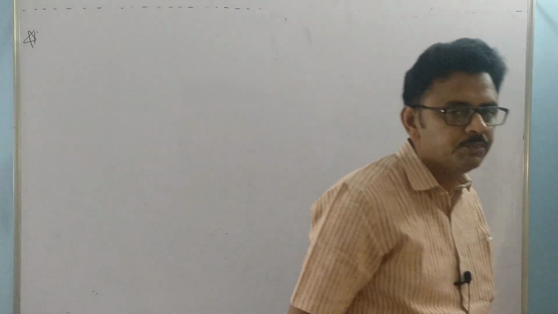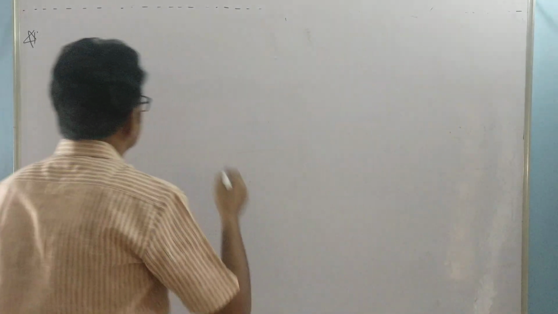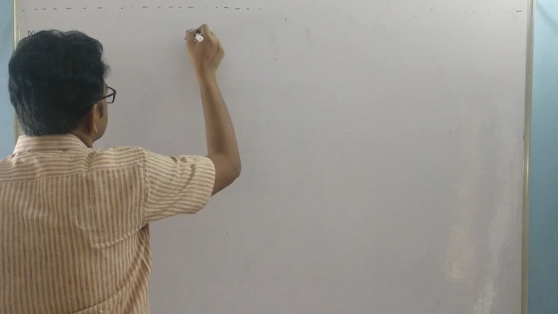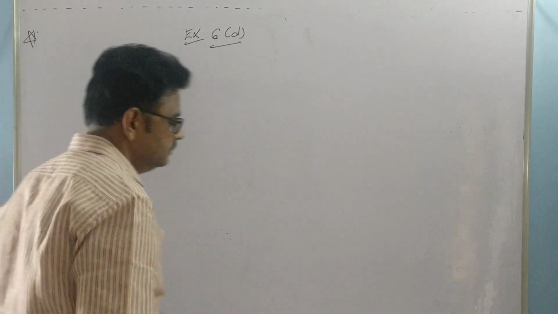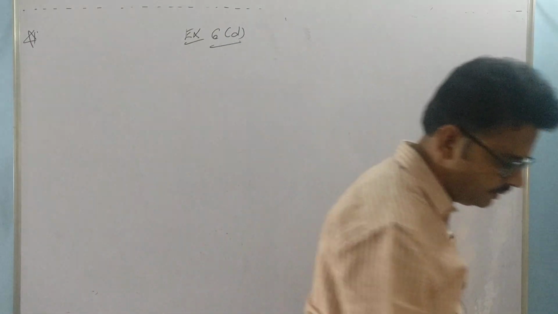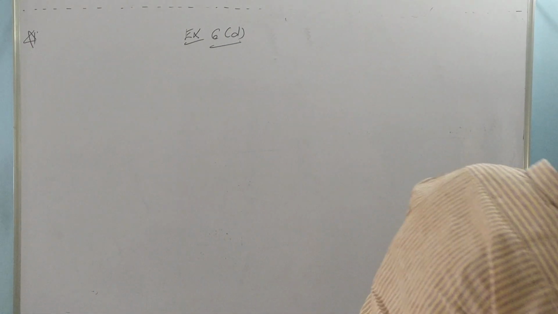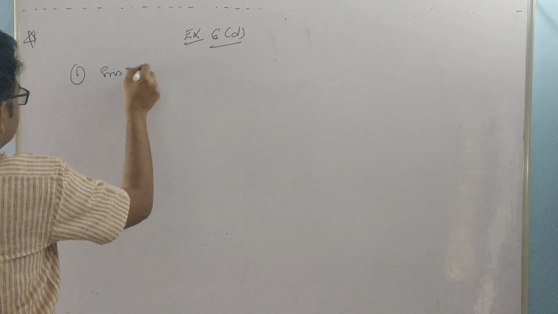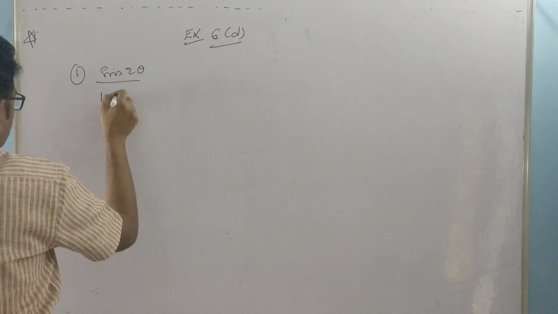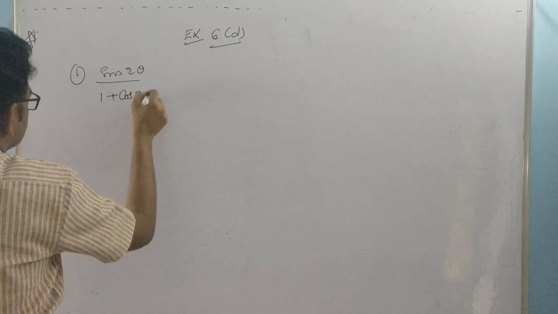Now write down, simplify. So these are exercise problems. Simplify. First problem, sin 2 theta by 1 plus cos 2 theta.